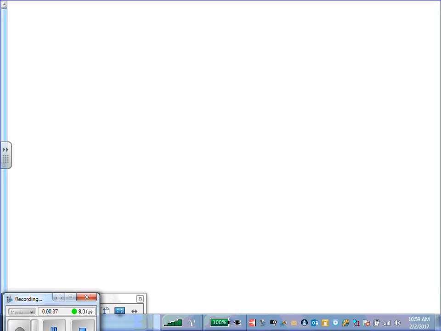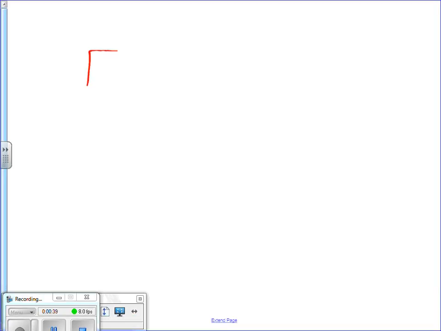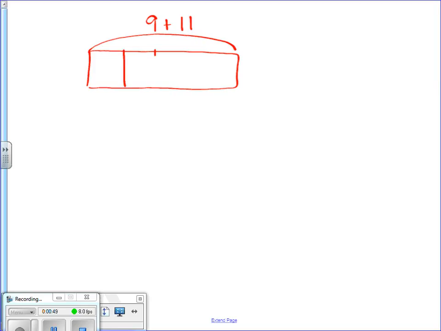Okay, so I want you to copy down this tape diagram somewhere. Don't solve anything.